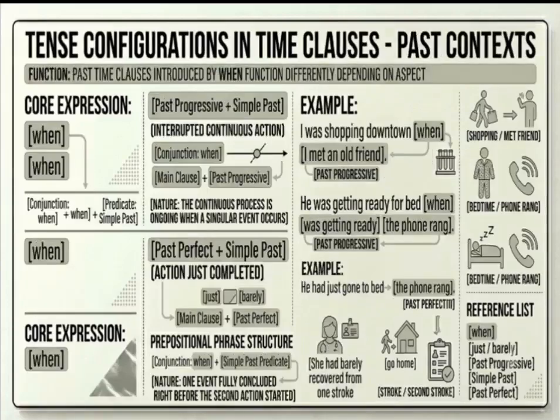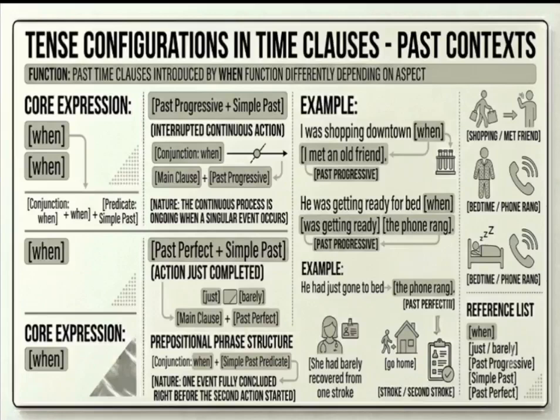If future contexts have strict rules, past contexts are all about aspect, meaning how actions interact with each other along a timeline. When a past time clause is introduced by when, it usually sets up one of 2 distinct scenarios. The first scenario is interrupted continuous action.